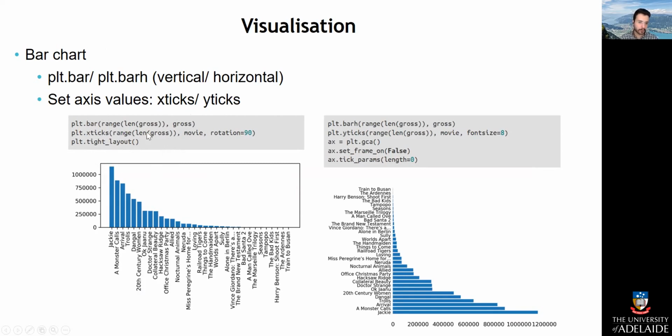For example, if you have 100, you can use range of 100. And then you pass the list of names. For example, this movie array, let's just assume that contains all these names. And now you're passing it as the y variable, and rotation also is another argument. You can use it to say what each single variable on the x-axis means.